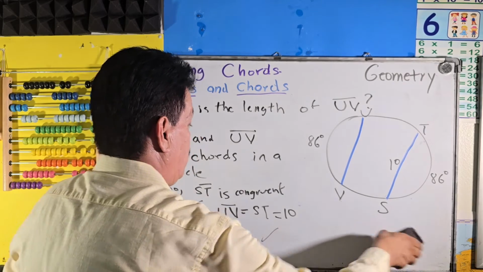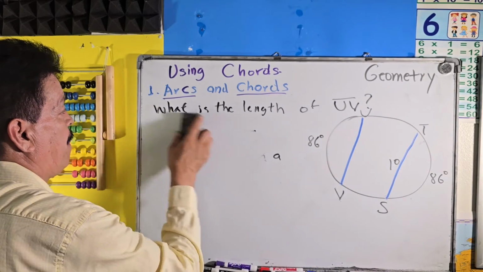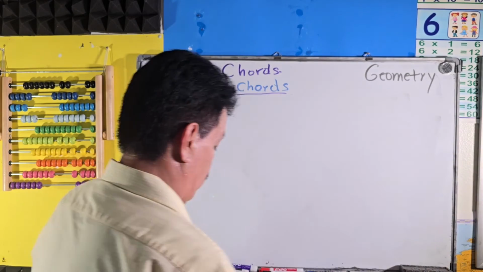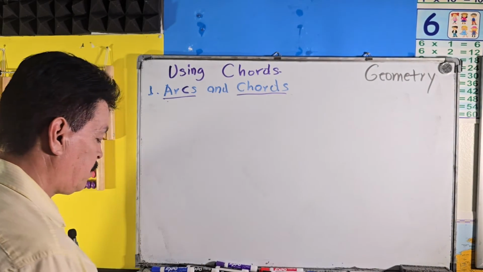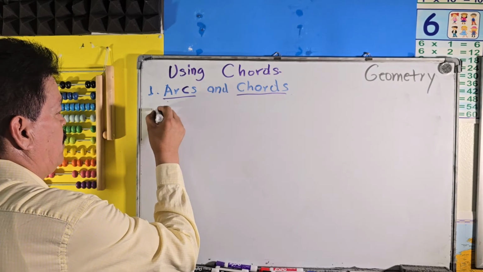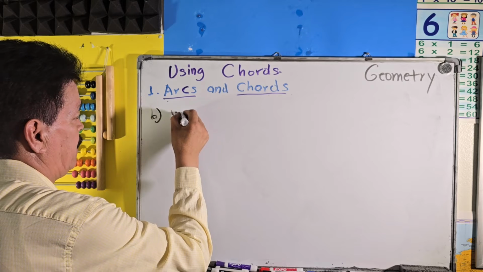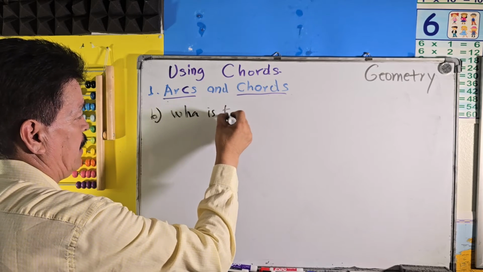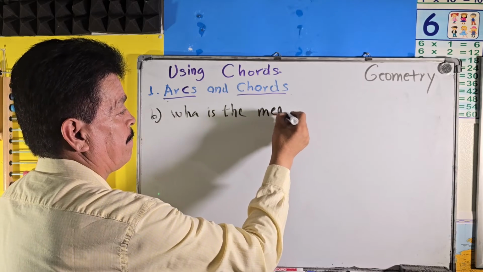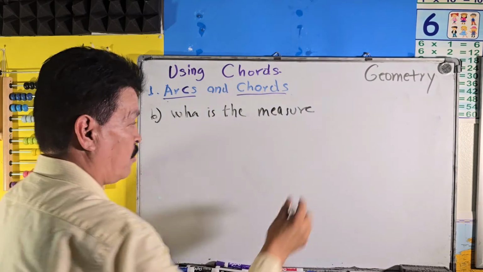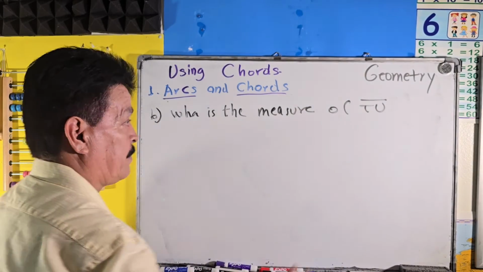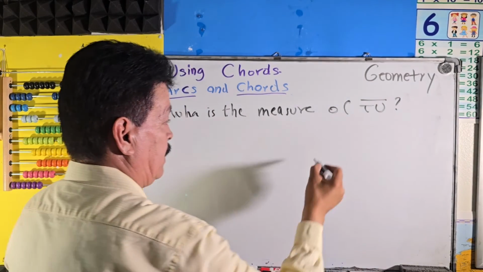That's the answer. Let me show you another problem with a different question. So now let's write problem B. What is the measure of arc TU? So let's make a picture.